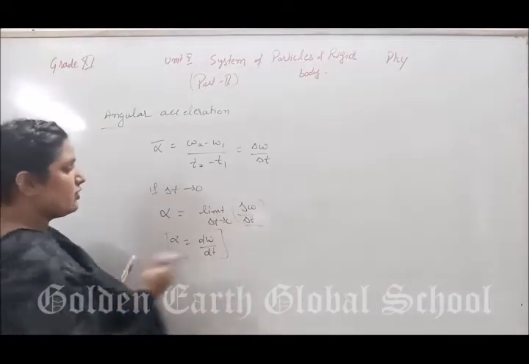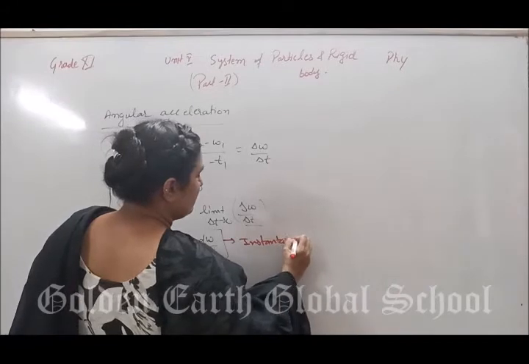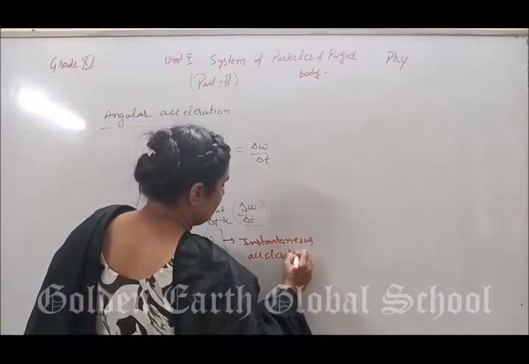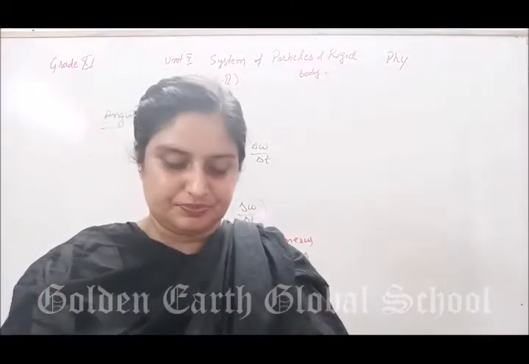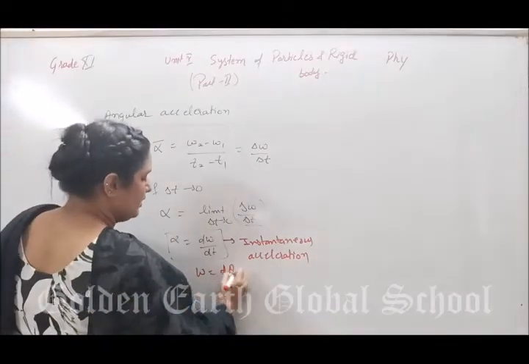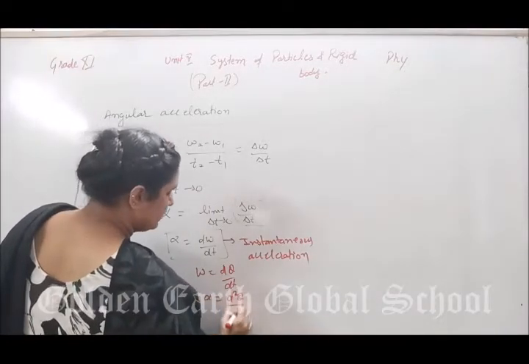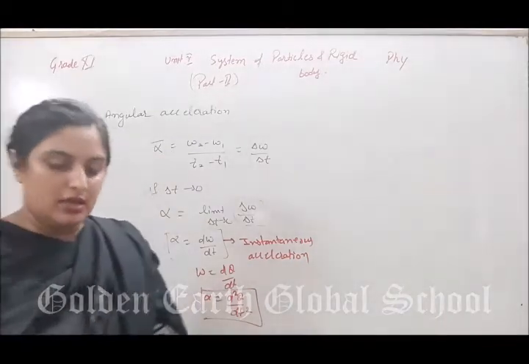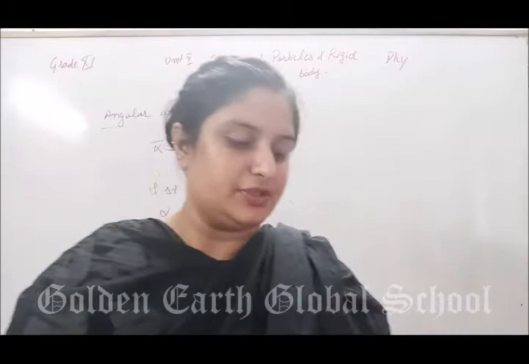This acceleration is called the instantaneous acceleration. Or if I write omega is equal to d theta by dt, then alpha will be equal to d2 theta upon dt square.